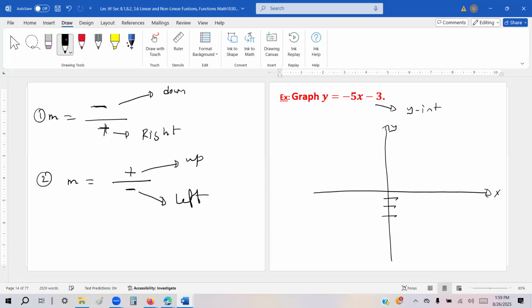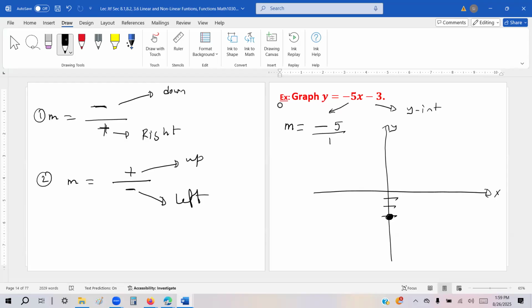So 1, 2, 3, we start our journey at the y-intercept. And now we are going to work our slope. So we have a negative number, and it's only one number, 5. But see, slope has to have two things, on the top and on the denominator. So below 5, what do we get? 1. So negative 5 over positive 1.